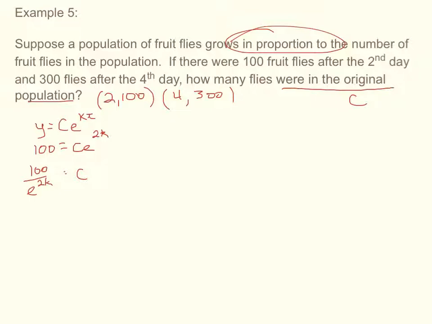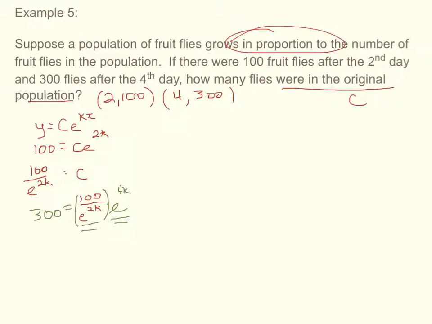So the second point, we have 300 equals, and for C, I'm going to put what I just found, times e to the 4K because T is 4. And then we can solve it. One of the things to understand here is that you basically have e to the 4K divided by e to the 2K, because this fraction is being multiplied by e to the 4K.